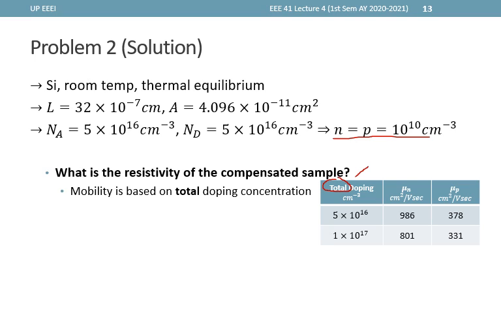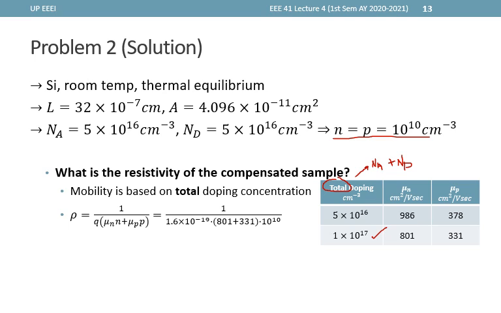So the total doping concentration is Na plus Nd. So since Na is equal to Nd is equal to 5 times 10 raised to the 16, then Na plus Nd must be equal to 10 raised to 17. And therefore, we must use 801 for mu n and 331 for mu p.